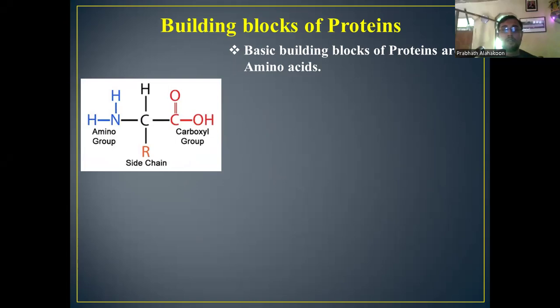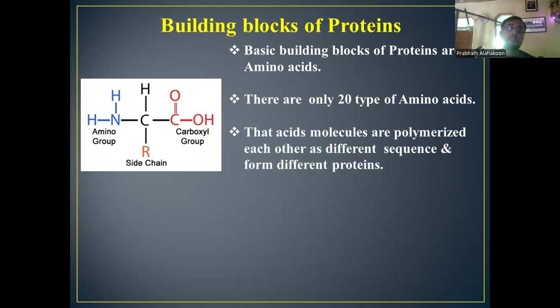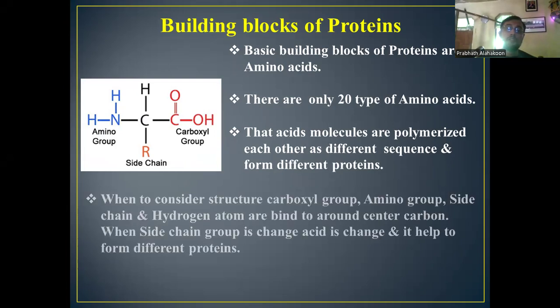You can identify the structure of amino acid. There are only 20 types of amino acids. These acid molecules polymerize with each other in different sequences and form different proteins.